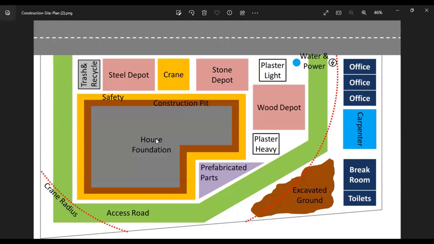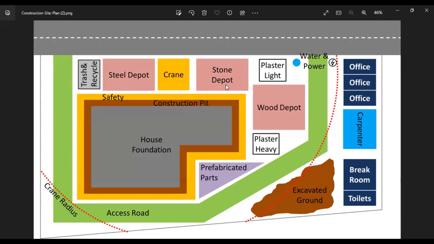You understand? So if this is the site and you place a crane at this particular position, it can cover the whole place, including the house foundation, that is, the proposed building itself. With this, you know that you are not going to move your crane, because the position at which you place it can cover the whole place.